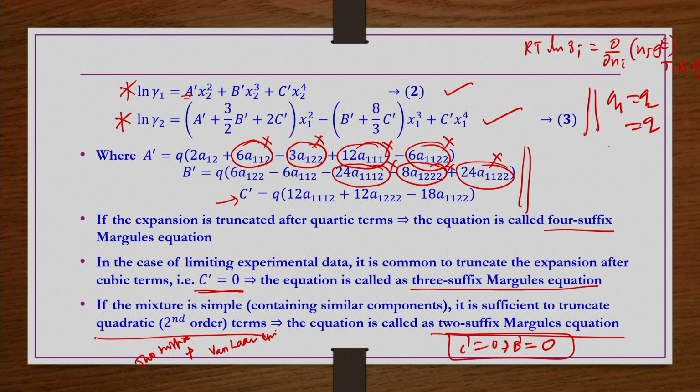Rather, what are the differences? From that point of view, in the 2 suffix equation we are taking q1 equals q2 equals q, whereas in the Van Laar equation we are taking q1 not equal to q2. So, that is the one primary difference between the 2 suffix Margules equation and the Van Laar equation respectively.